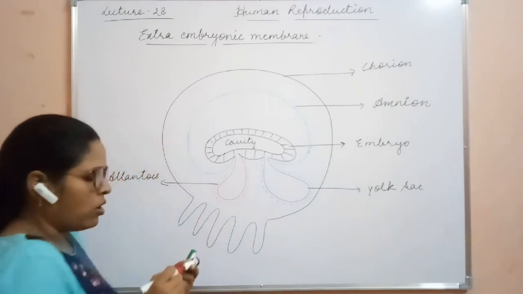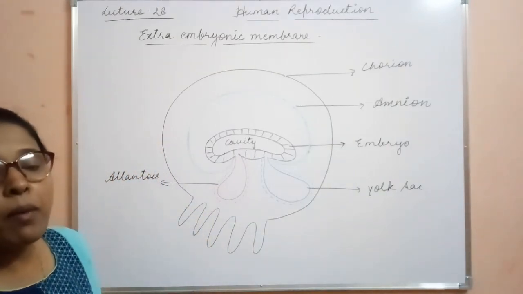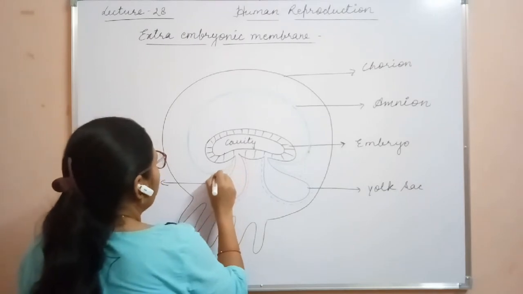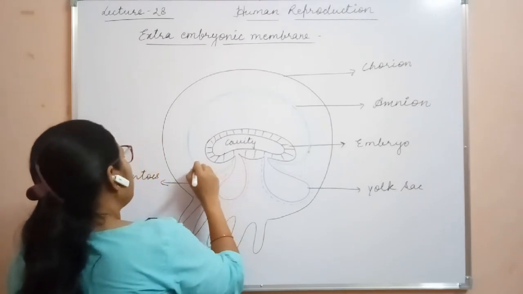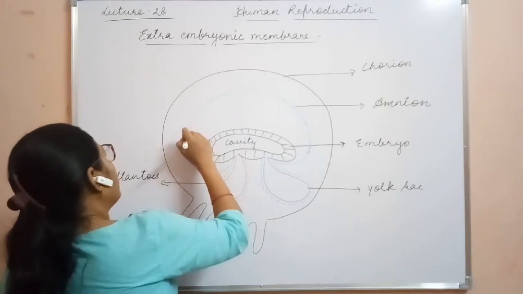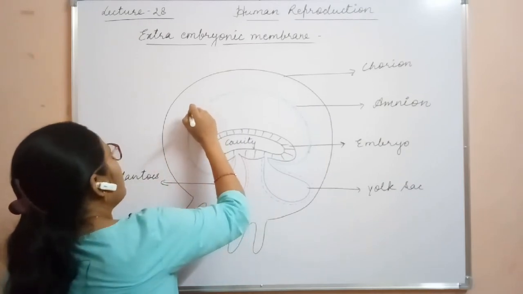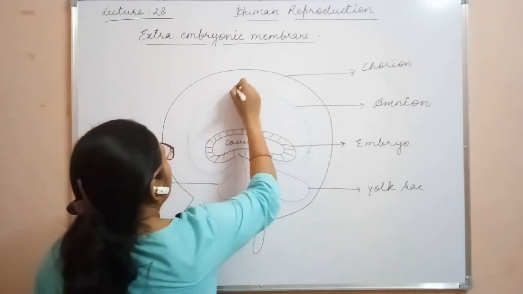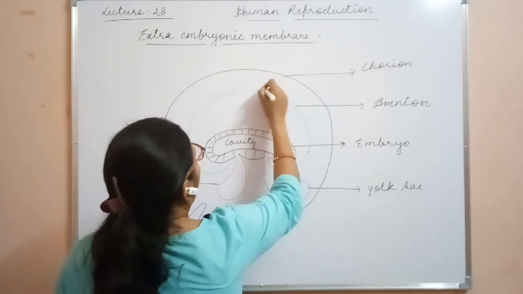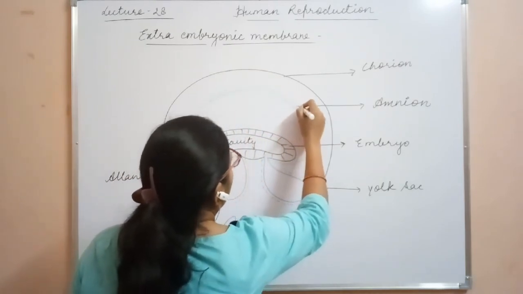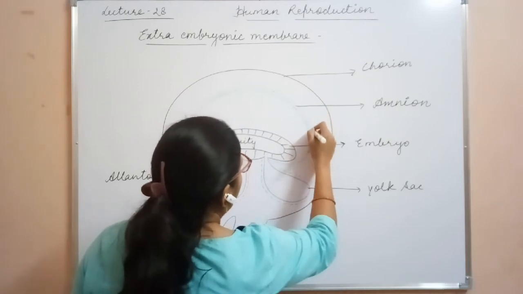The allantois is there, and one membrane is present outside of this amnion. This is the outer amnion. This is the amniotic layer.